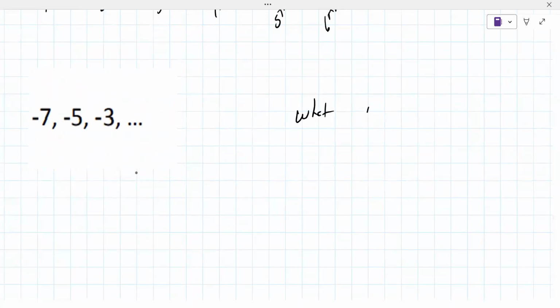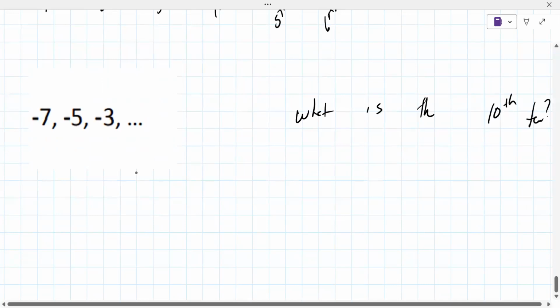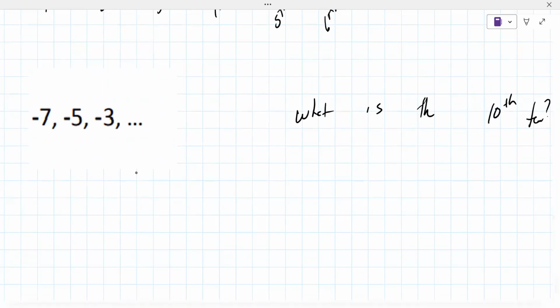Let's go. What is the 10th term? So 2 is the pattern? Yes. It's +2.